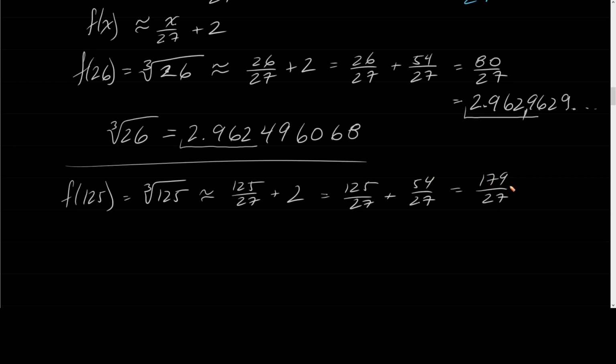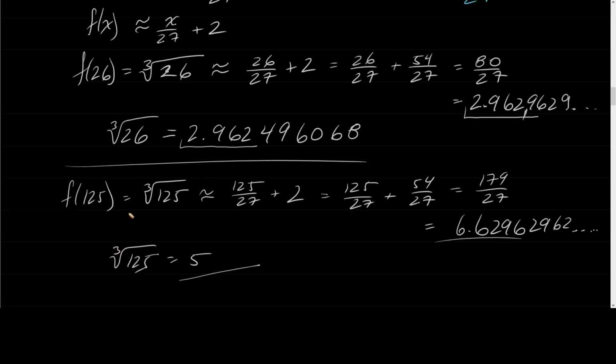And 179 divided by 27 is approximately 6.629629629, so that repeats. But what is the actual cube root of 125? It's 5. So right away you see that this is not a good approximation.